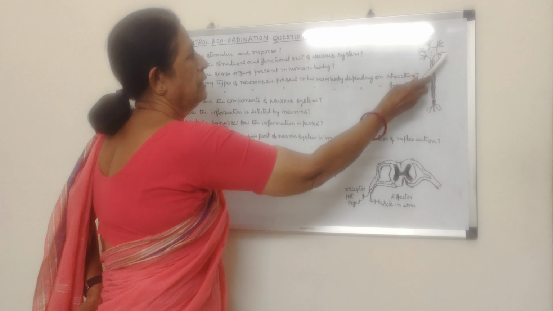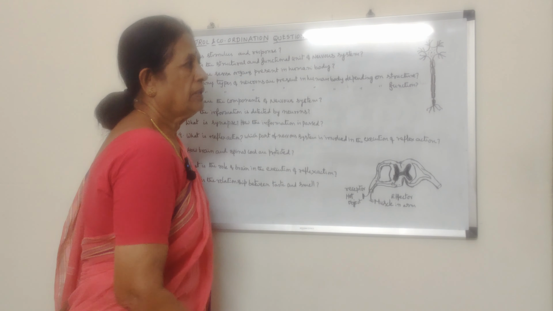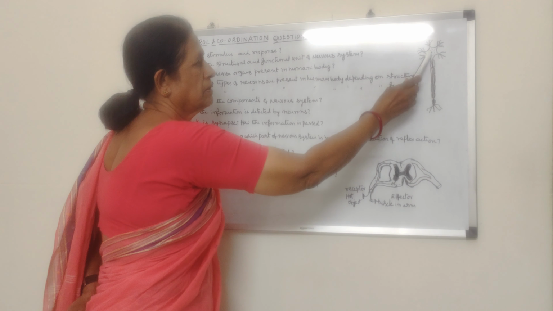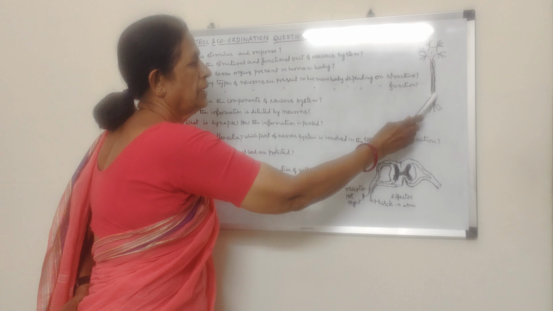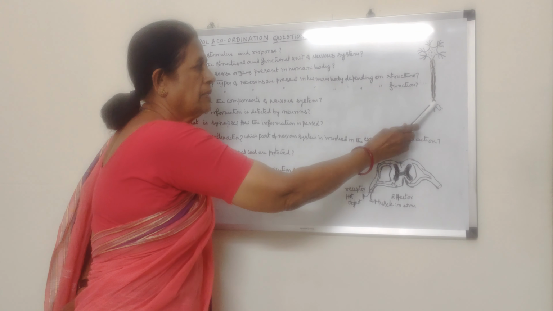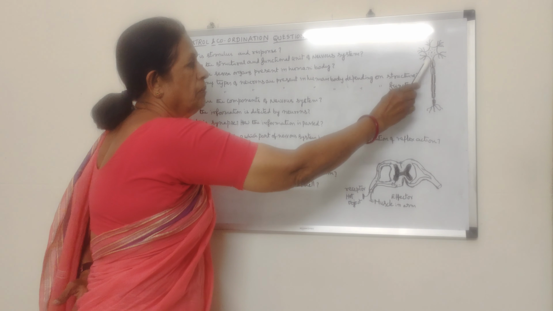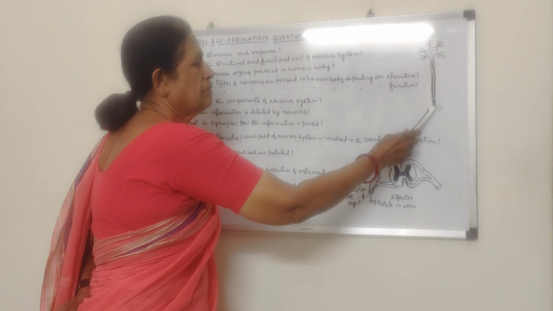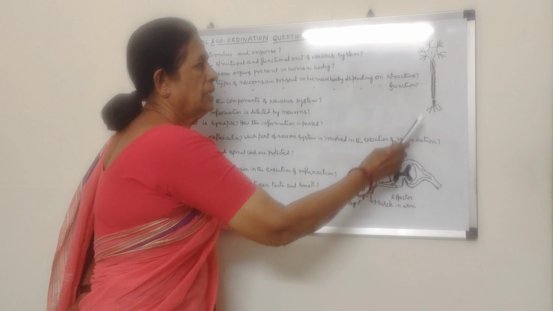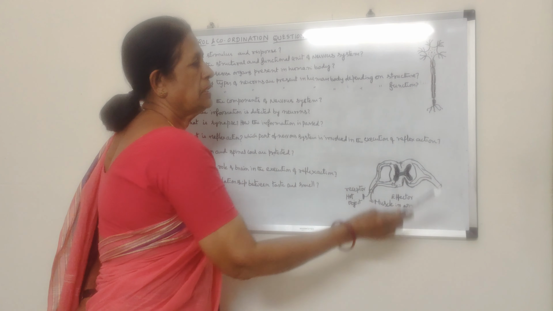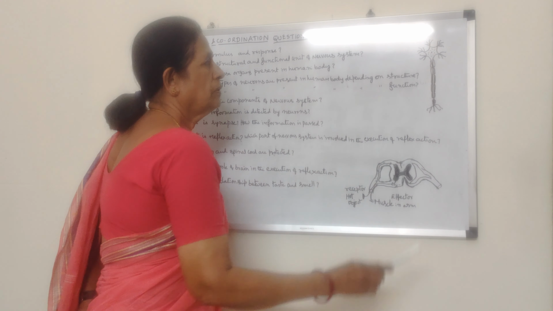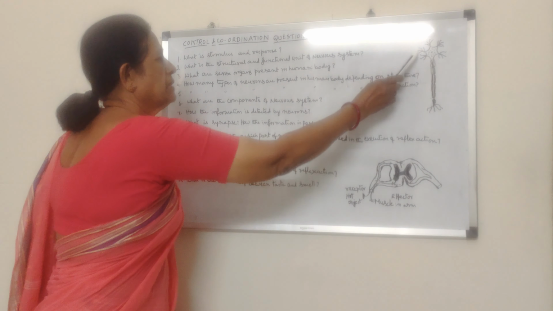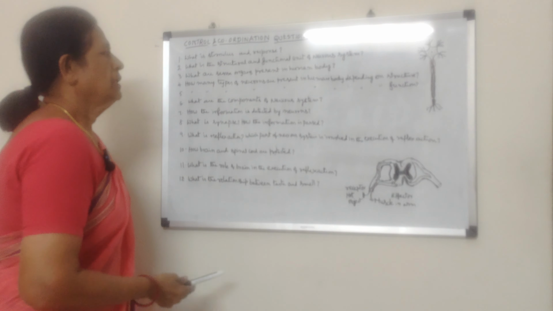Here this is the cell body, which is the center of activity, and these are dendrites, which are short branched structures, and an unbranched elongated structure which is called the axon, which is covered with a proteinaceous sheath, that is myelin sheath, and ends with axon terminals. The gaps in the myelin sheath are called nodes of Ranvier.